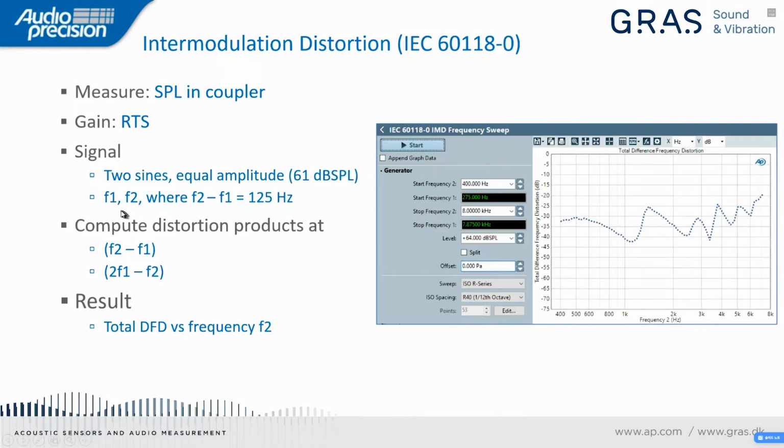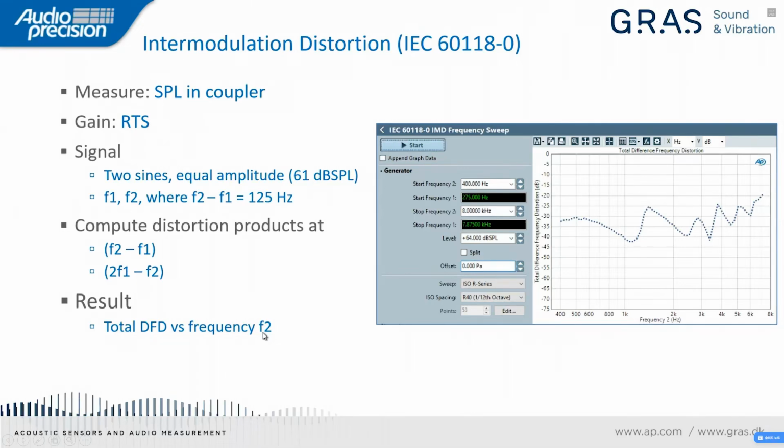In this case, there are just 2 distortion products, F2 minus F1 and 2F1 minus F2. The result called out in the standard is the total difference frequency distortion versus frequency F2. As shown here on the right, we've added a special measurement in APX to do this IEC 60118 Part 0 IMD frequency sweep.